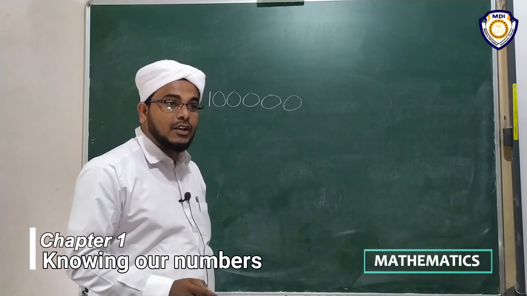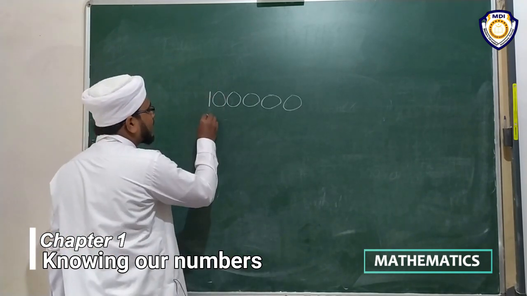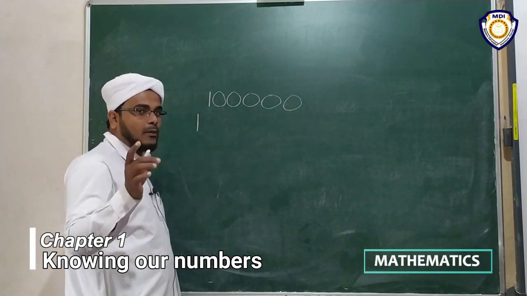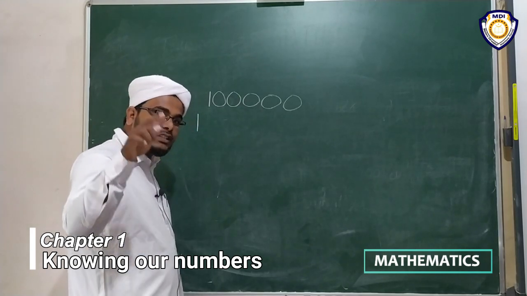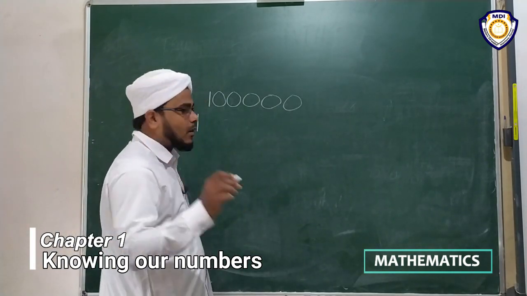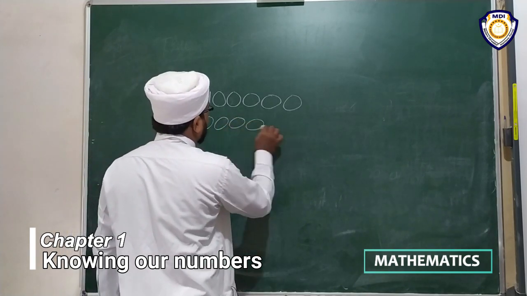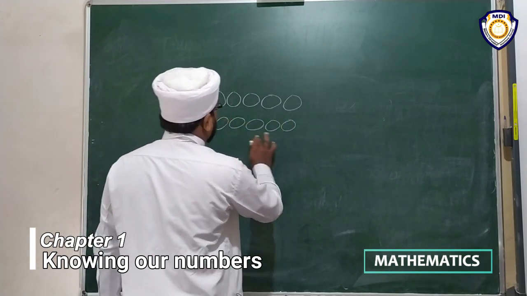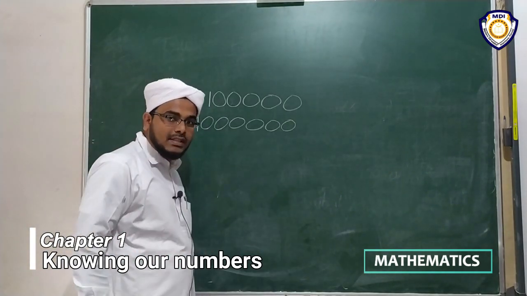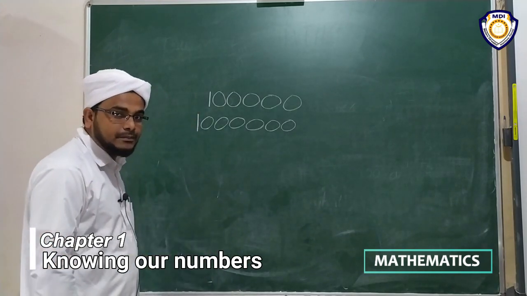If you are asked which is the smallest 7-digit number, then you have to write 1 and six zeros. This is the smallest 7-digit number.